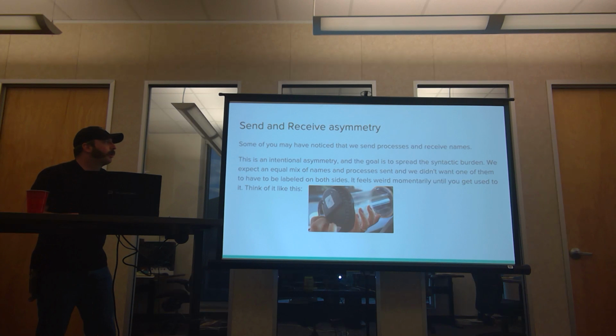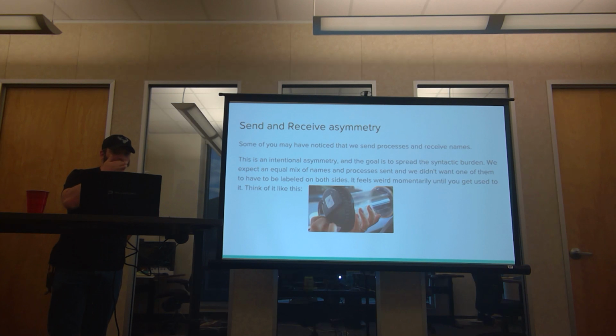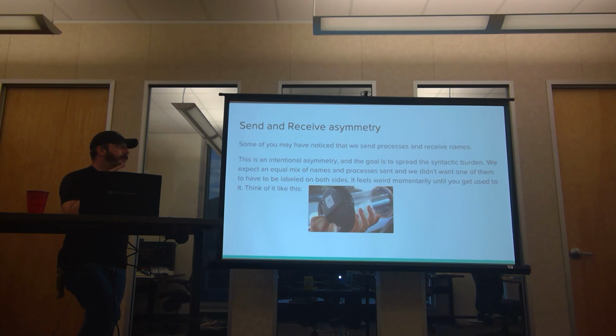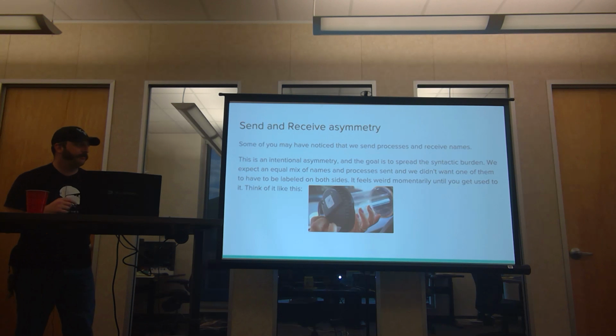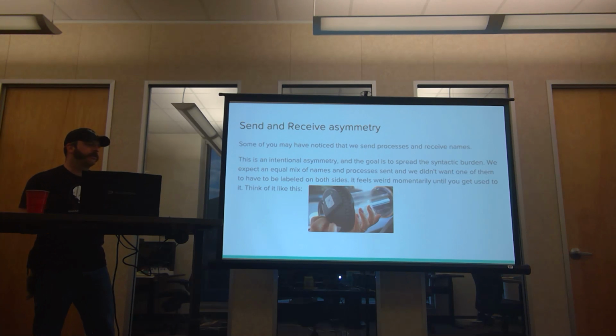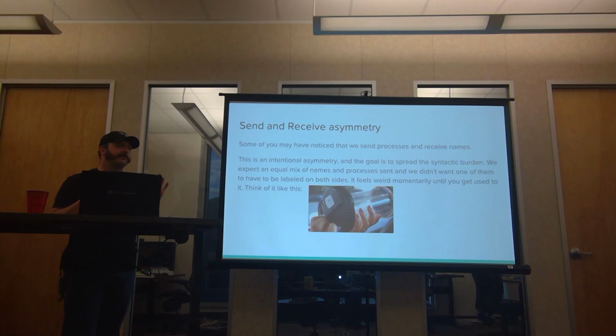All right, so there's some send and receive asymmetry. So if you're paying close attention, you might have noticed that we were sending processes and receiving names. So that's an intentional asymmetry. And the goal was we figured people would use names and processes about equally. And we didn't want to privilege one over the other in terms of sending it and receiving it. It seems weird, why would you do that?